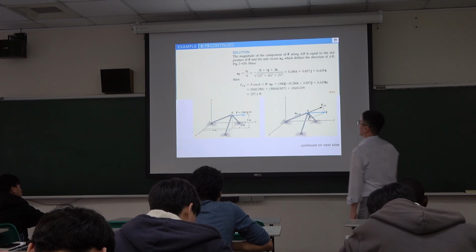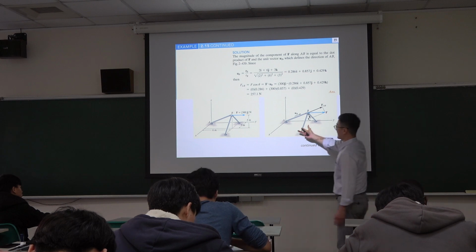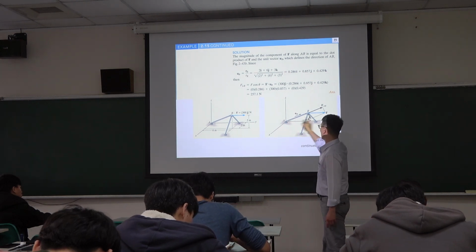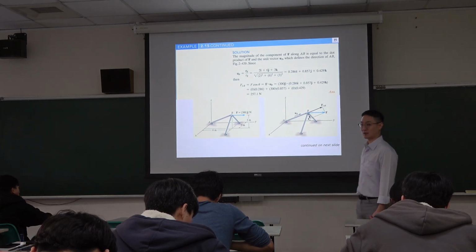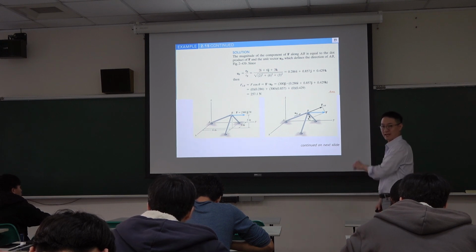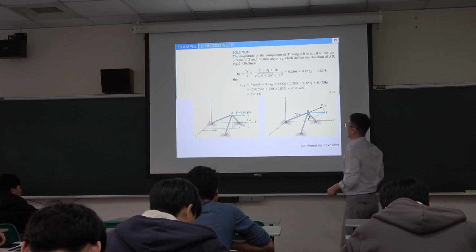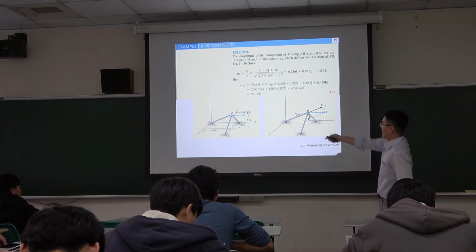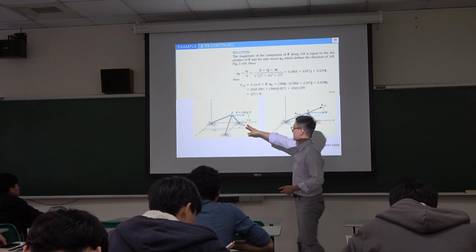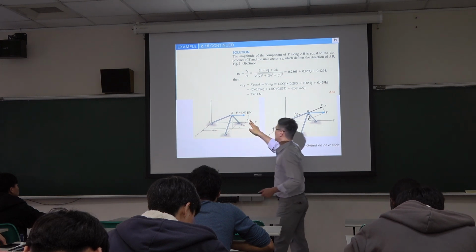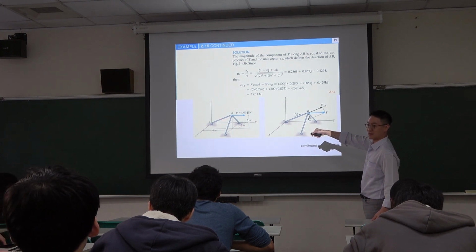Okay, we look at the procedure. For AB, from the axis definition X, Y, Z, A is the origin, so its coordinate is 0, 0, 0. Then B: from the distances shown here, X is 2, Y is 6, Z is 3, all positive.